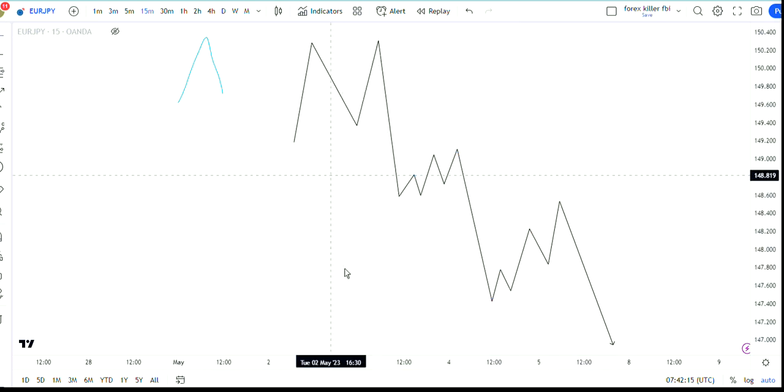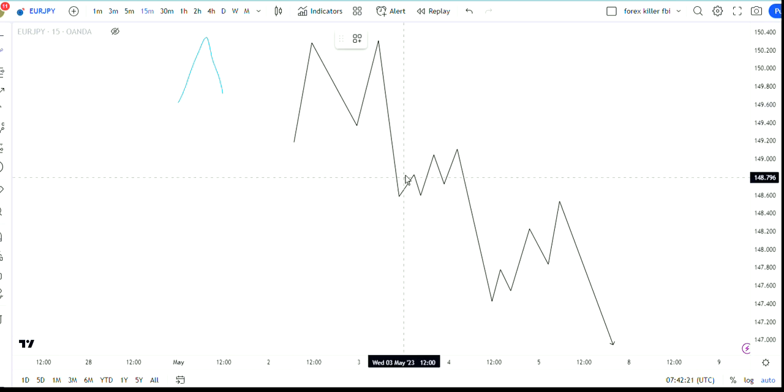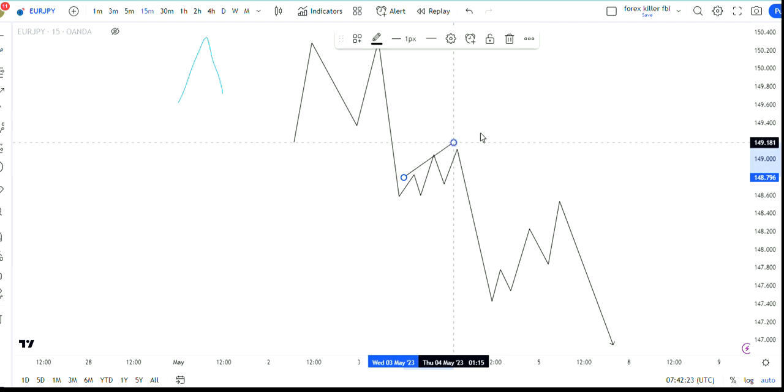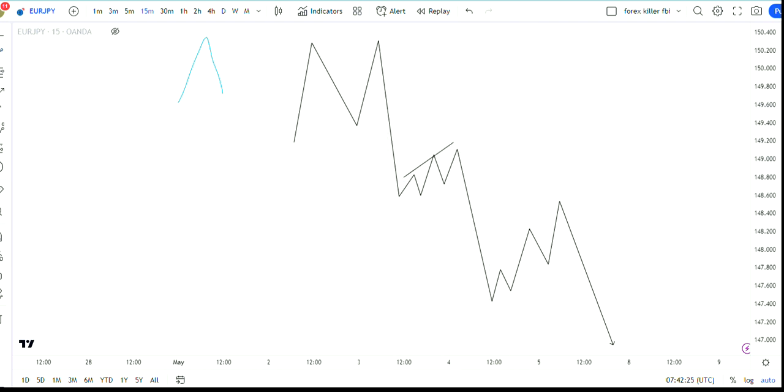Alright, then as you see here, this is a pullback or correction after level 1. This is just a skeleton, don't worry. Alright, this is a pullback after level 2, right here.